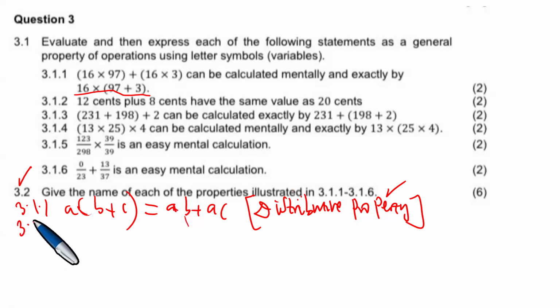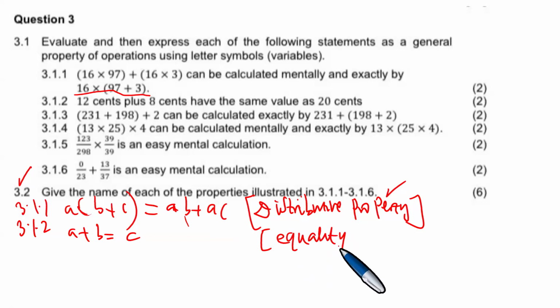Let's look at 3.1.2. We said A plus B is property C. What property is this? It is called the equality property, because if you're adding 12 and 8 and you're getting 20, why is 12 plus 8 equal to 20?